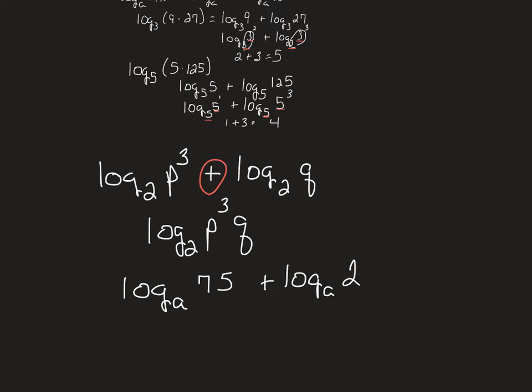Well, again, because this is addition, we can rewrite as a single log using multiplication. And 2 times 75 is 150. Notice we can't simplify any further than that because our base is a. There's no way that we can rewrite 150 with the base of a.